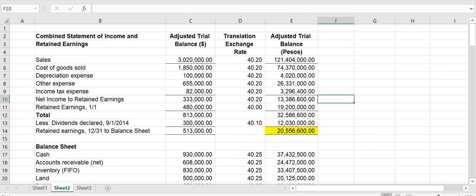So our net income is translated at 13,386,600. Then we have to compute our retained earnings end, which is retained earnings beginning plus net income less the dividends. Our retained earnings beginning is 480,000.